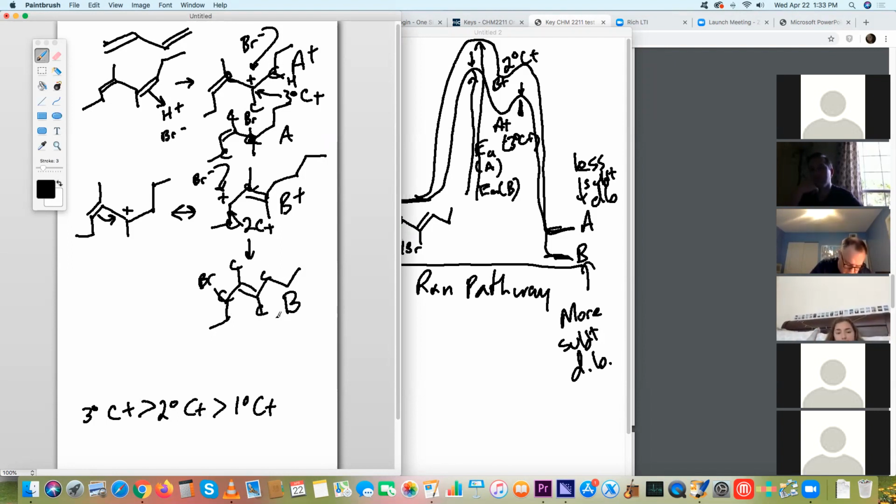That makes it more substituted. If it's a more substituted double bond, it's going to be more stable, more carbons connected to it. So that's what we have so far. So the interplay is between the stability of the carbocations and the stability of the final products. Does anybody have any questions so far?